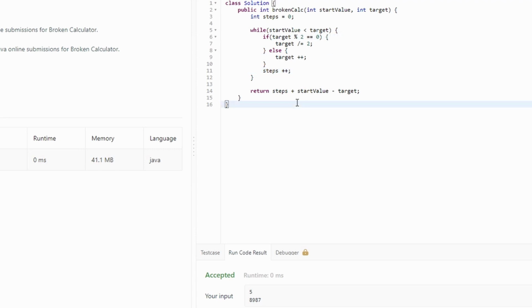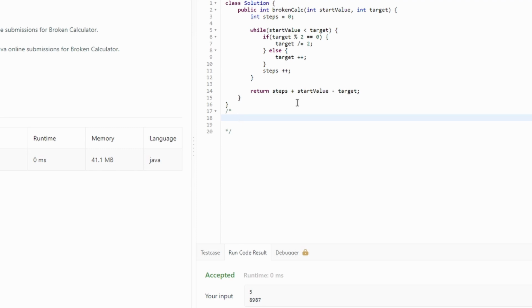So as you can see, I'm documenting what I said in the previous diagram once again. So going from start to target is same as coming from target to start, but doing that will help us determine what to do at which step, because going from start to target value means we are actually increasing the value.